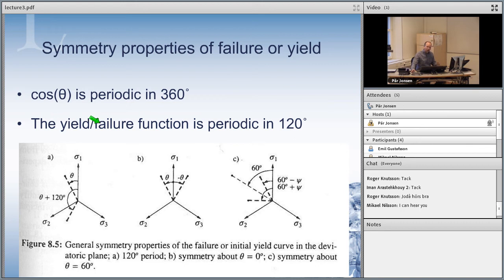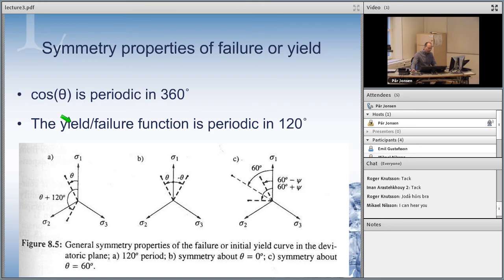This is tensile stress, sigma 3. But if I'm in this area, I will have compressive sigma 3 principal stress. So you can have a combination of different kinds of load cases here. If I'm first of all in this position, I have compressive parts from the other two, and I have tensile from sigma 1 here.